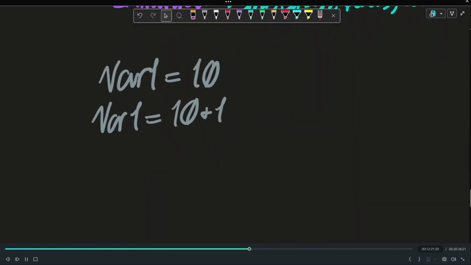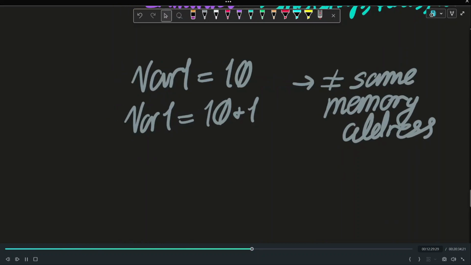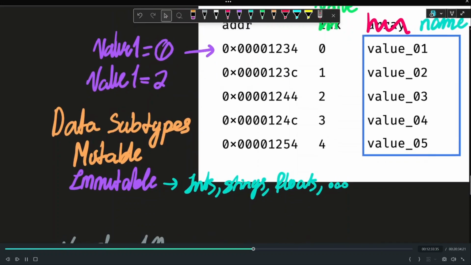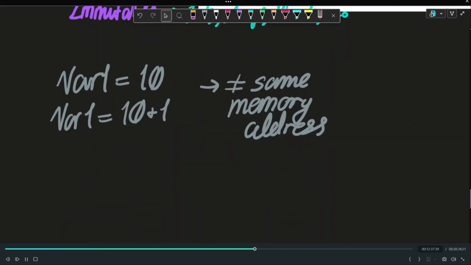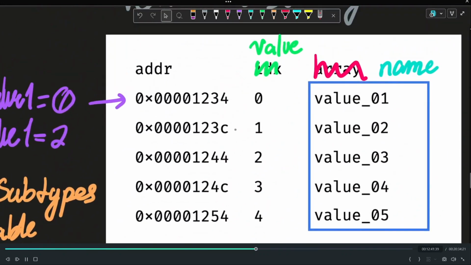This is not pointing towards the same memory. This now is a new memory address. Let's say I went from here to here, and then it stores this new value in this value column. Now this is really simple because really all you're doing is changing one memory address to another. So you're changing one memory slot to another.